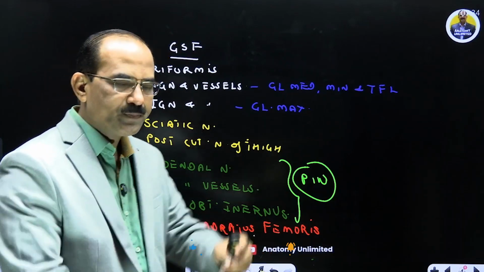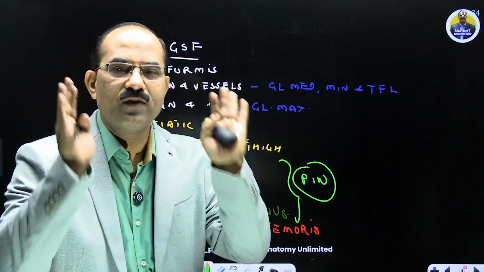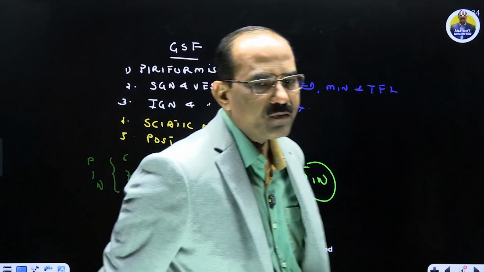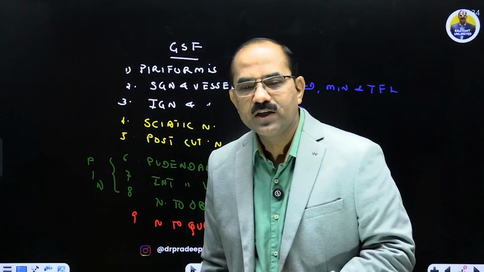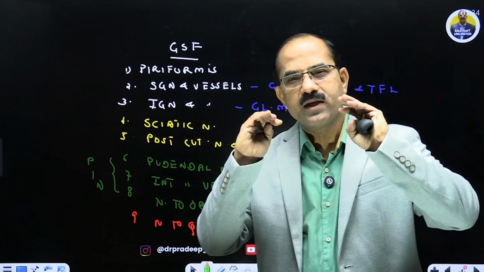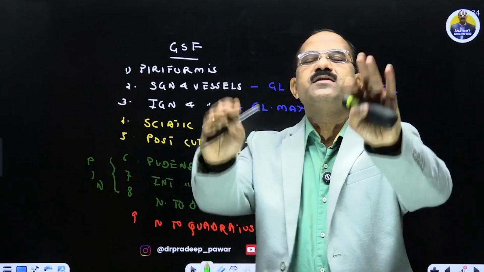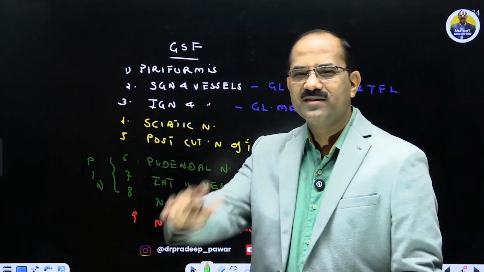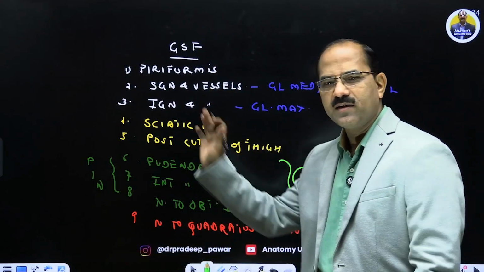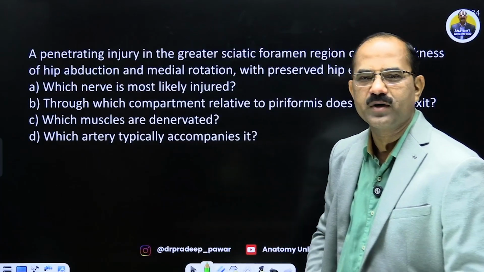They wind around the ischial spine and enter the lesser sciatic foramen. Remember this. Clear? This is very important.